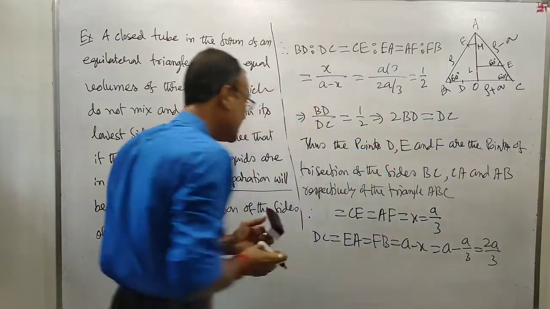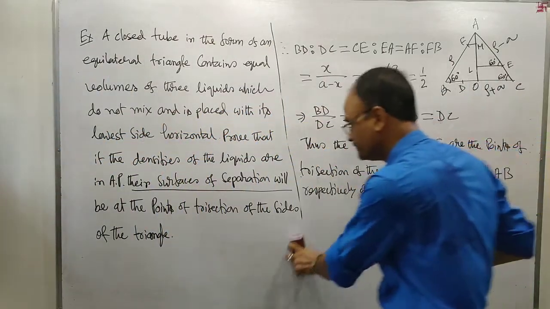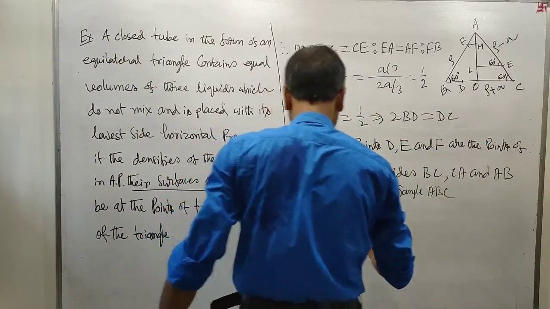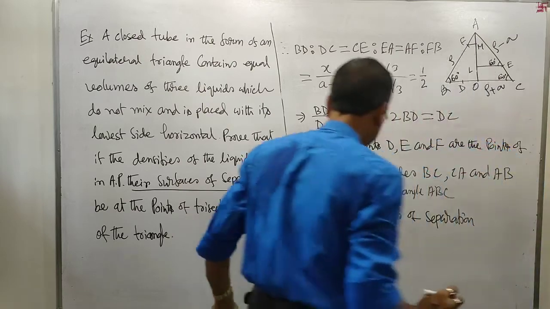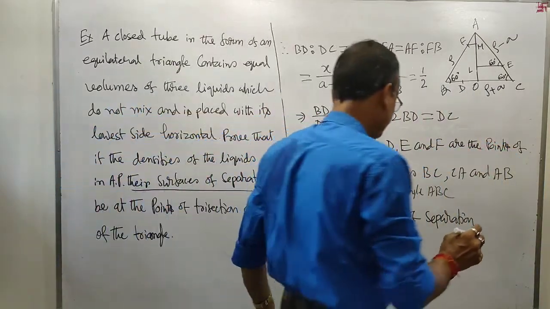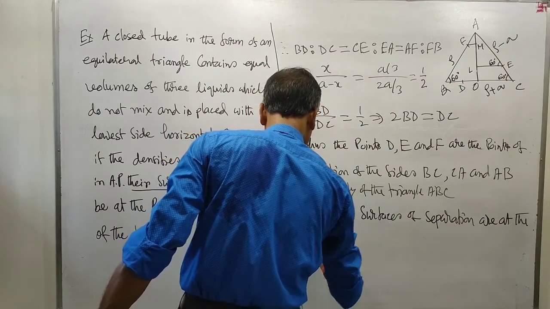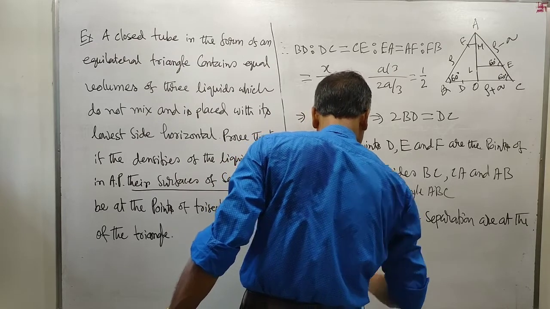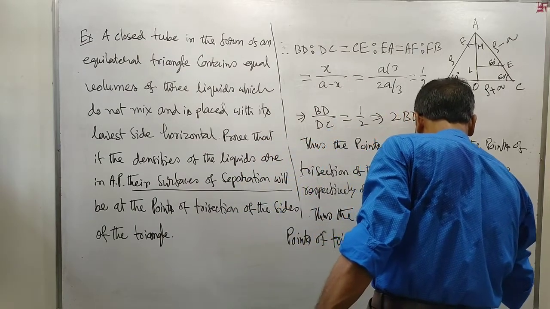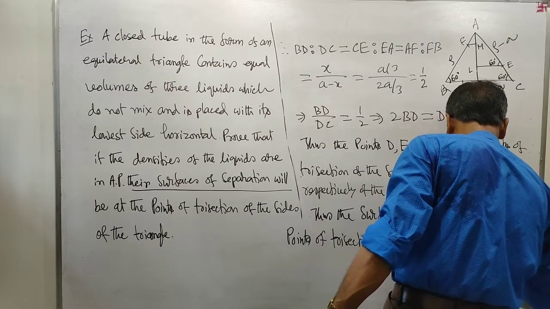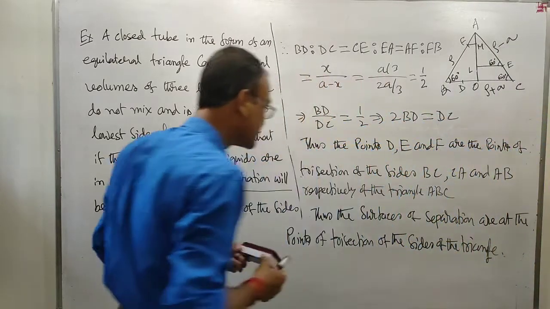Thus, the surfaces of separation are at the points of trisection of the sides of the triangle.